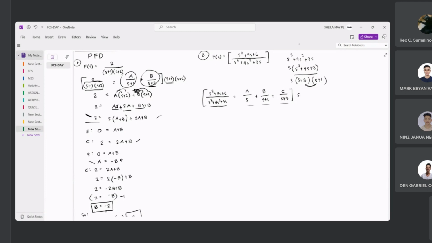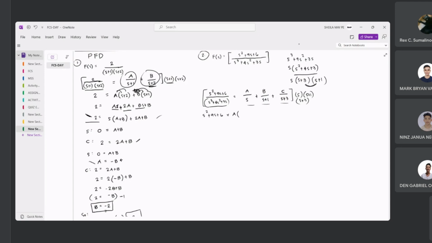Because basically for this one, it's just equal to the three factors. Imo ra man siyang gi-simplify. So, ako ganahan ko diri magsuot og s plus 1, s plus 3, or you can write this one. Okay? So, ang mahabilin ana is s squared plus 9s plus 6 equal to A.